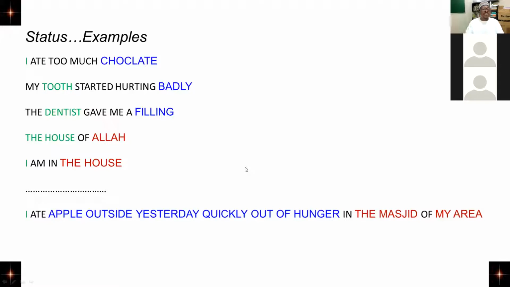Now, let's sharpen our fingers because we are going to now explain which of these words, which is an ism, of course, indicate what status. Don't forget what we said, that the status of rafa is the status of an ism or a word that is either the doer or the subject. Or even an ism standing alone is in rafa status.